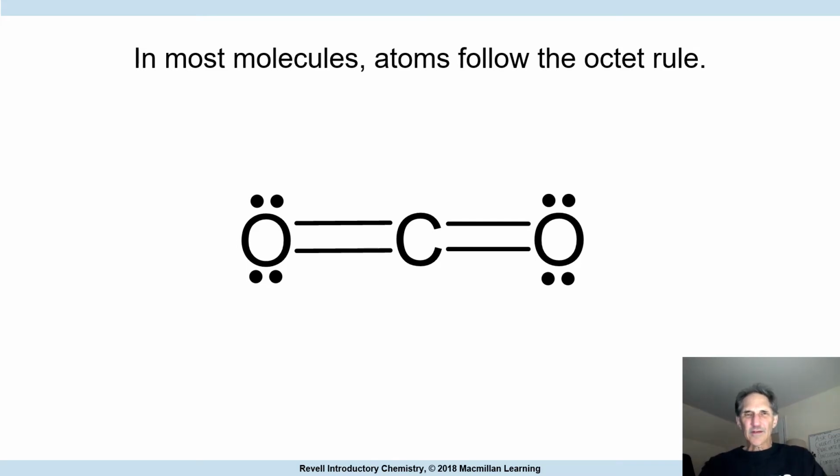The carbon, in effect, feels like it has 2, 4, 6, 8. That's nice. It has its octet. And the oxygens have 2, 4, 6, 8. Each of them has the octet. And you'll notice that each oxygen shares two bonds with the carbon and has 2 lone pairs.